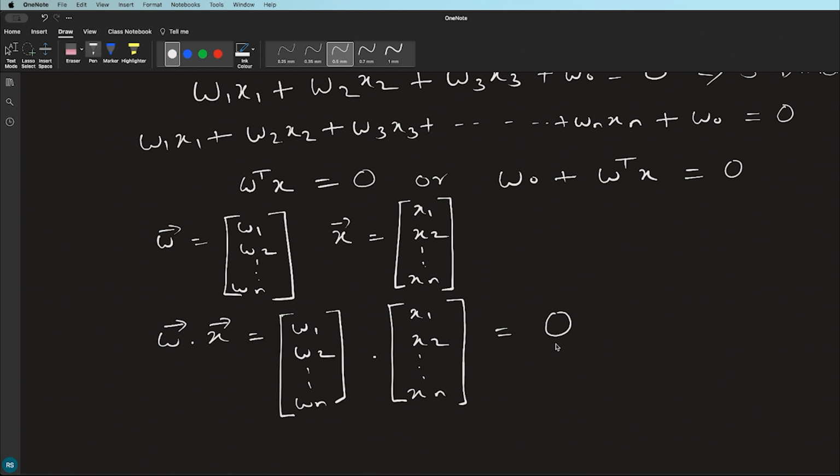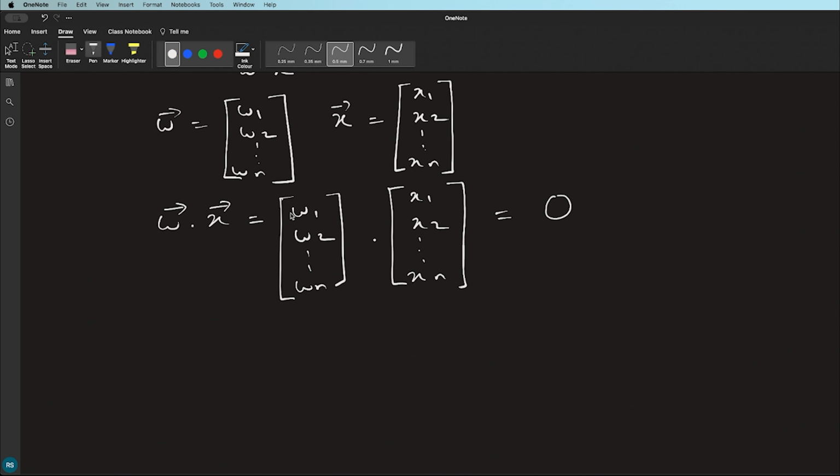This is not possible because we cannot multiply two column vectors. In that case, one of the column vectors must be converted into a row vector. Here the size of this vector is n into 1, and the size of this vector is also n into 1. So I have to convert one vector into 1 cross n.